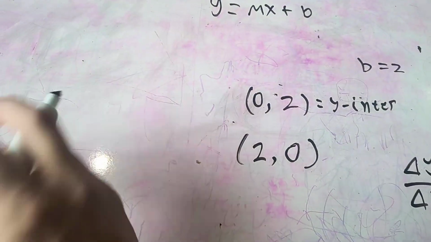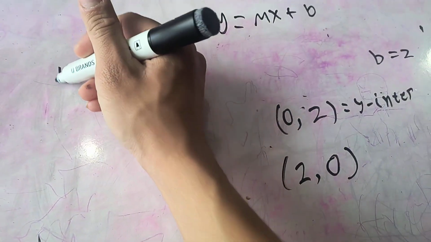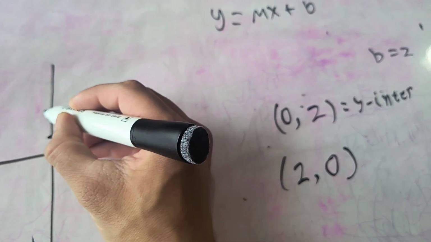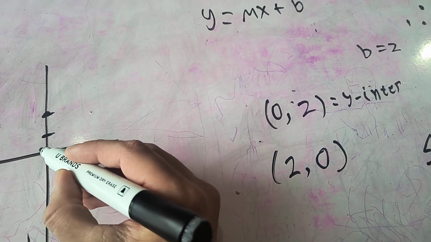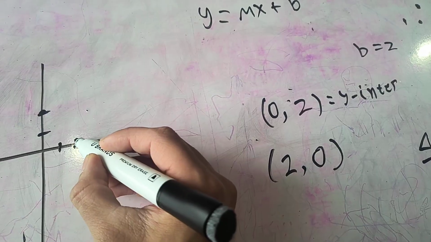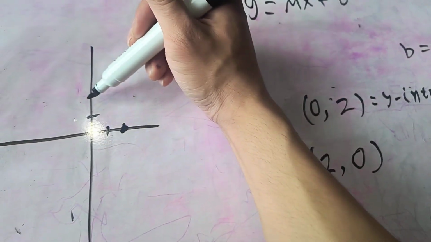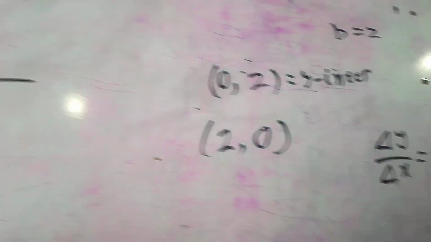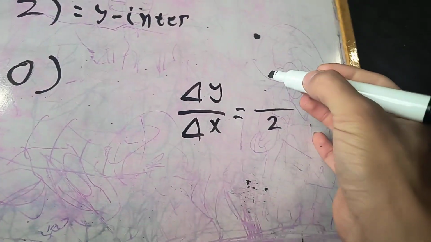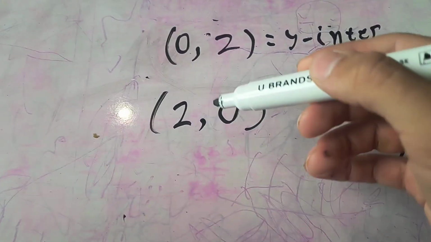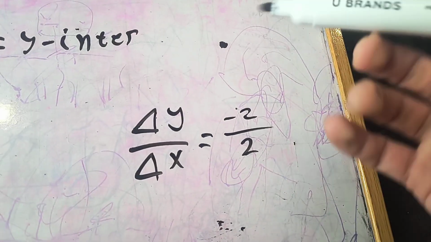So the change in y would have looked like this. If this was 1, 2, the y-intercept, and 1, 2, the x-intercept, the change in y went down by 2. So it would be negative 2, because 0 minus 2 would be negative 2.